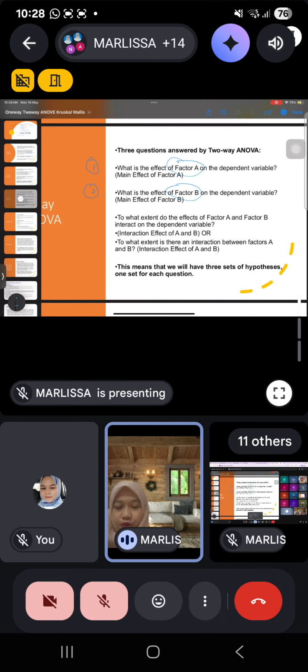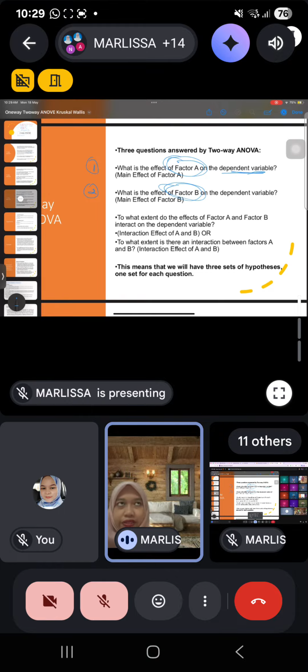Like I said before, we are going to look at the case of 2 factors or 2 independent variables. So you have the research question for the independent effect, the first one for factor A, the second one for factor B. The research question should be the effect of factor A on the dependent variable.